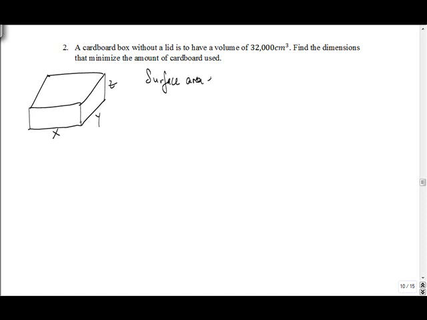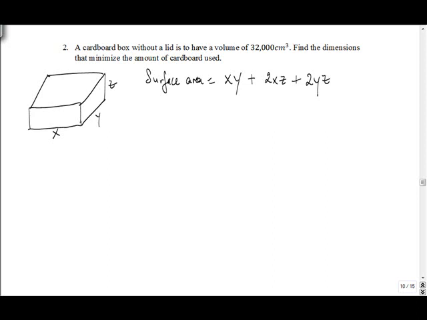So, the surface area, remember it has no lid, right? So the area of the bottom is XY. The area of the front is XZ. There are actually two, and there are two YZs. Okay?